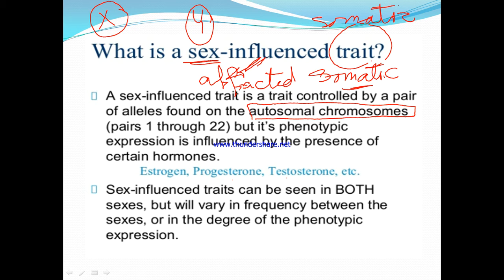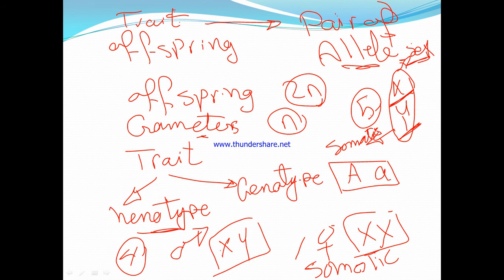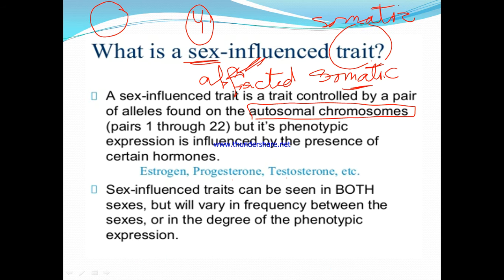Okay, we repeat it again. Traits of the sex influenced type are somatic traits that are controlled, as we said before, the trait must need a pair of alleles, so it is controlled by a pair of alleles, and this trait is carried on somatic or autosomal chromosomes.